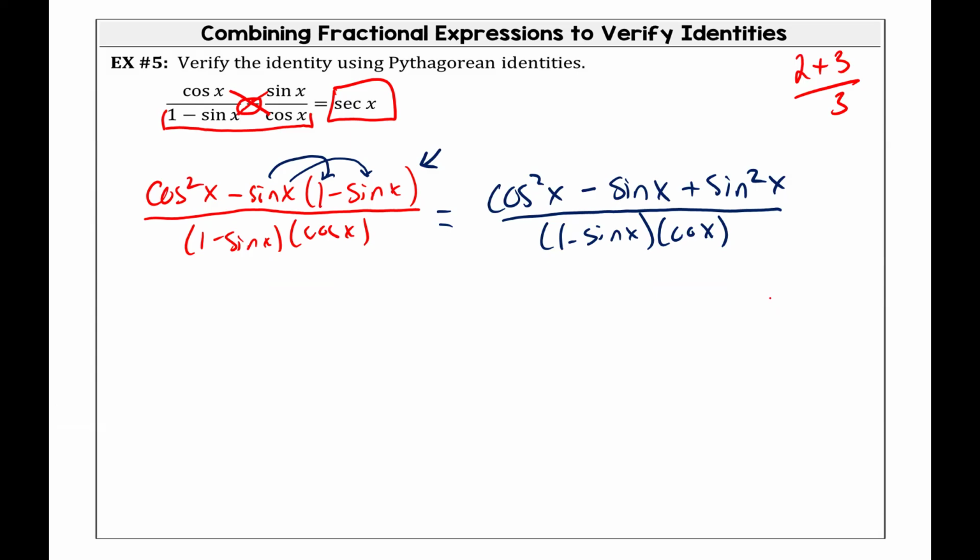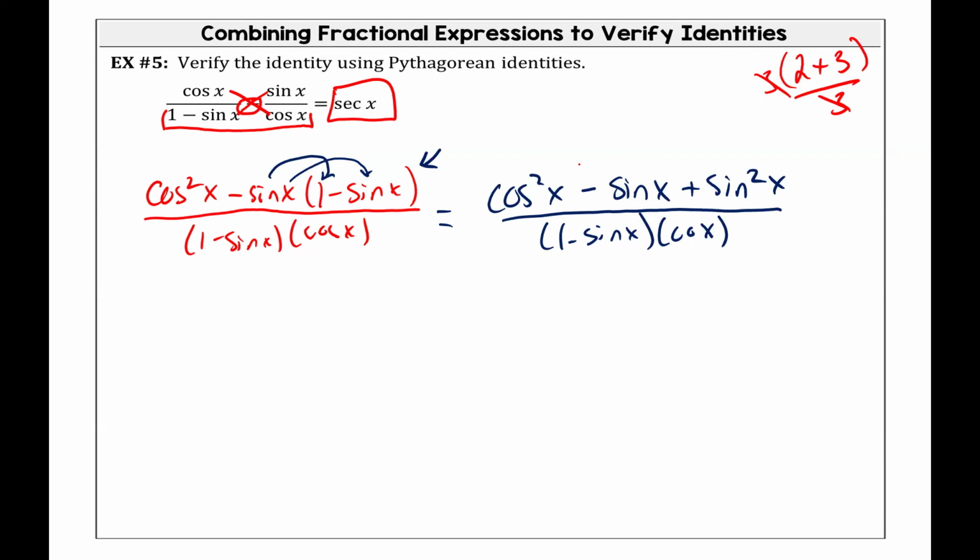No, you cannot. This is a term, not a factor. But if I had a 3 here, this is a factor, and I can cancel that out. Does that make sense?